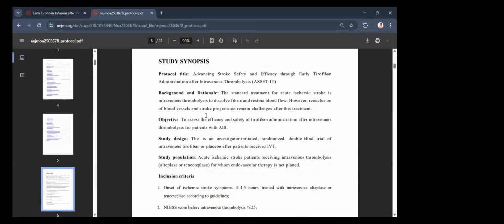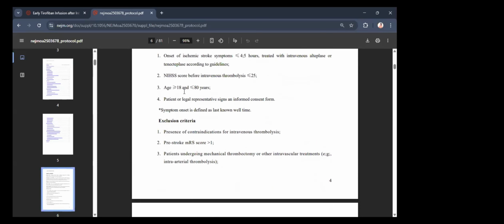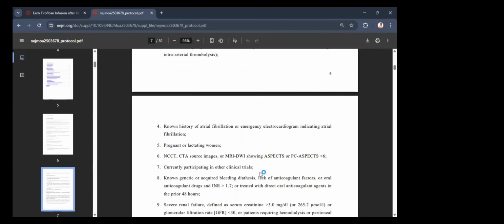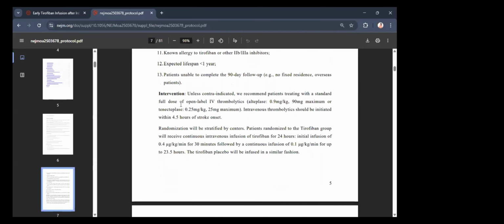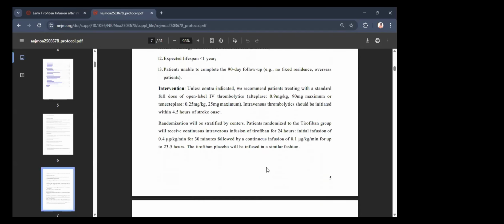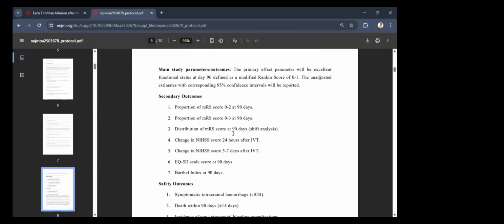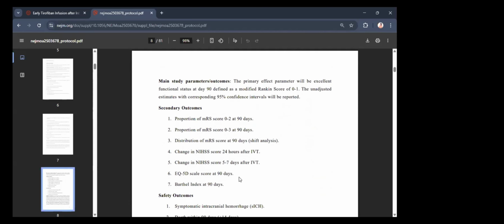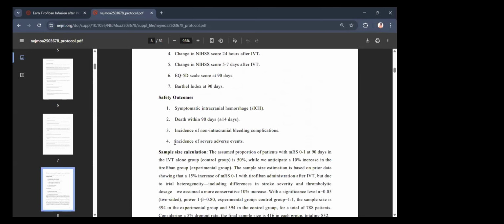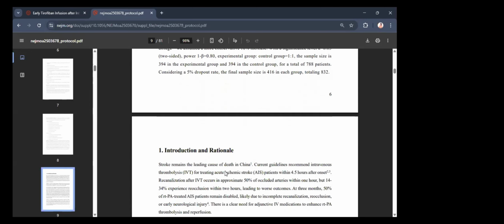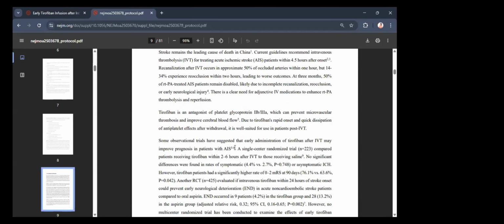So part of the CONSORT guidelines are that we have a clear synopsis of the study. So this one shows the title, the background, rationale, objectives, inclusion and exclusion criteria, and then the details of the intervention, and then the main study parameters, secondary outcomes, safety outcomes, how sample size was calculated, and so on.